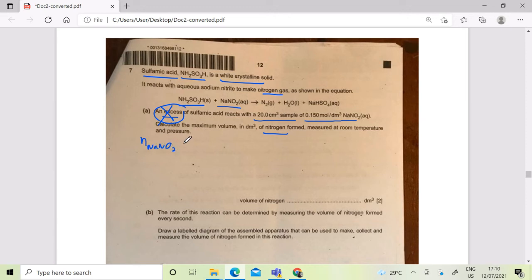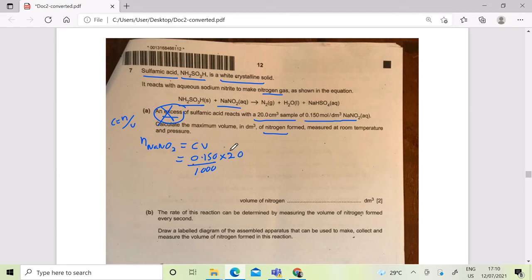You know concentration is given, volume is given. We can use C is n over V equation. So n is going to be CV. The concentration is 0.15. Volume is divided by 1000 in order to convert cubic centimeters. Volume is going to be 20.